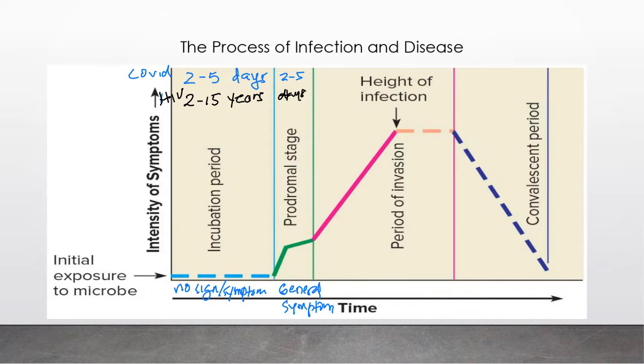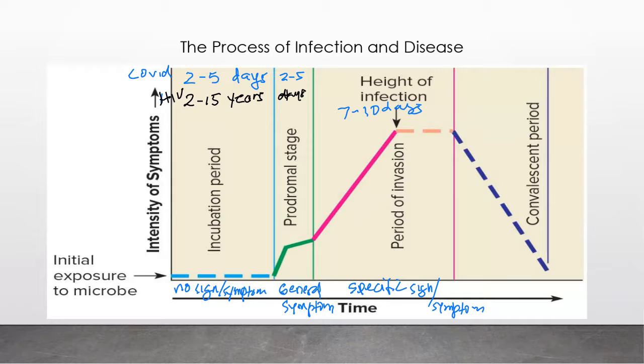the period of infection, and this is when the bacteria or viruses reproduce in high number. So there will be specific sign and symptom. So for the COVID-19, usually it takes about 7 to 10 days.